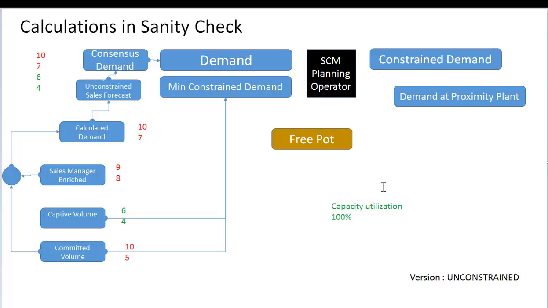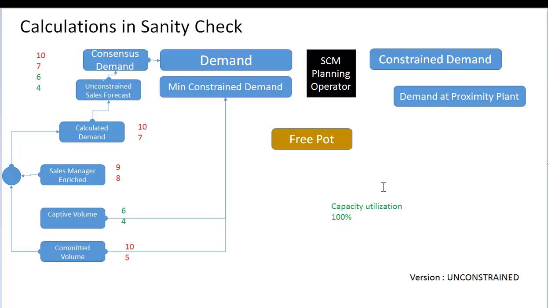At this point of time, because the main objective of the sanity check is make sure that the captive volume, committed volume, and also the stock targets can be fulfilled for a particular plant.